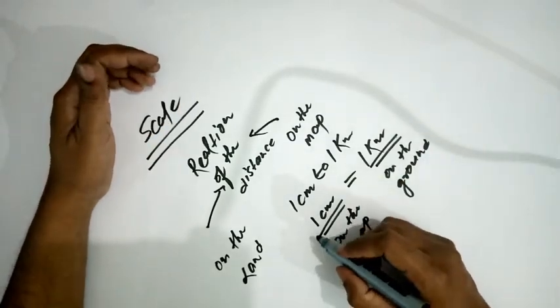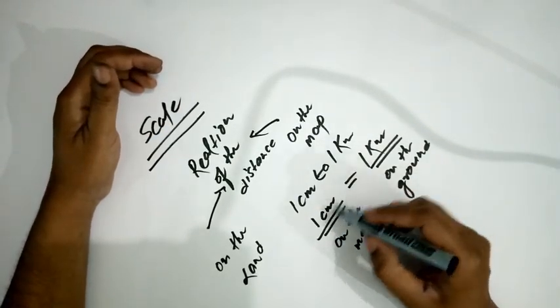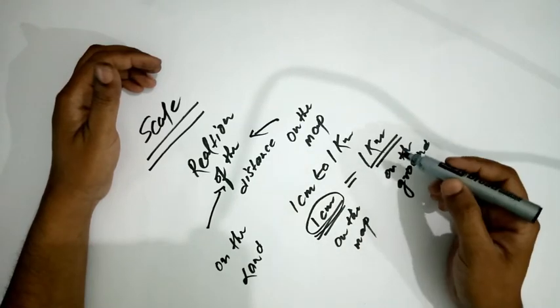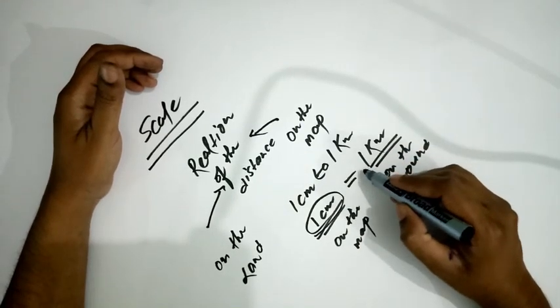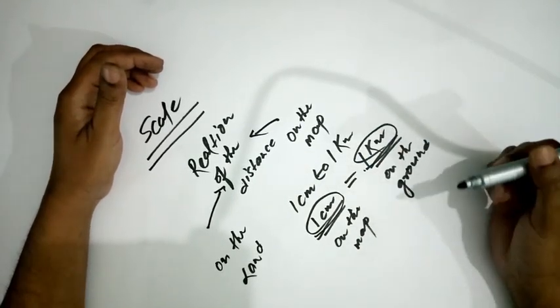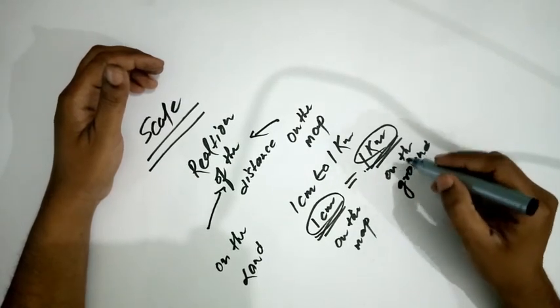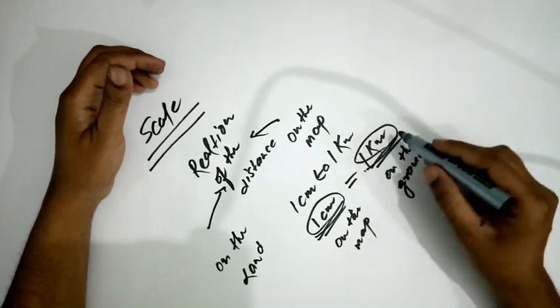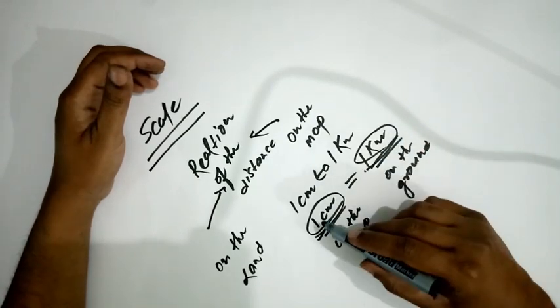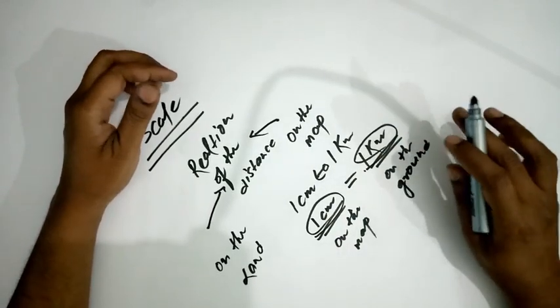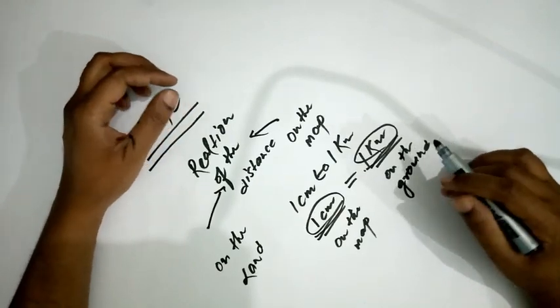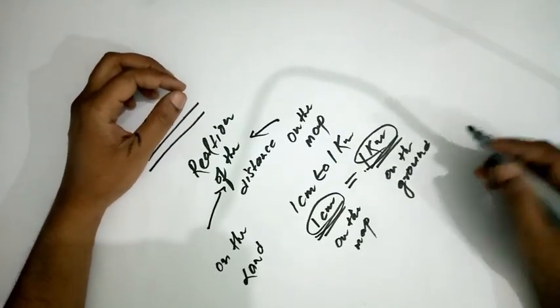So 1 centimeter equals 1 kilometer. It means 1 centimeter on the map represents 1 kilometer on the ground. So that represents the actual distance on the ground, and that 1 kilometer is converted into 1 centimeter on the map. By this method we can easily find out the exact distance between 2 points.